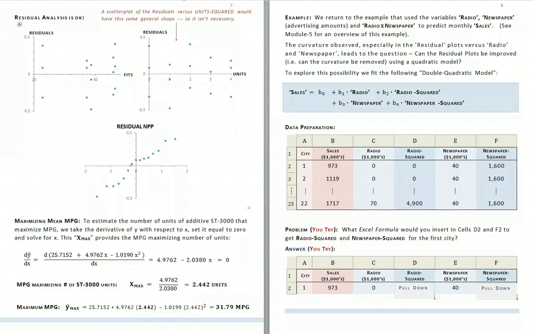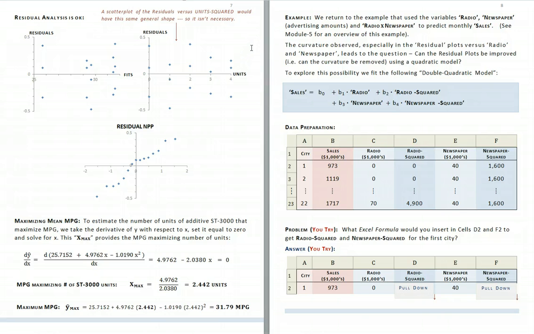Such a plot would show the same vertical pattern of residuals as the scatter plot of the residuals versus the linear term, units. Thus, only a scatter plot of the residuals versus the linear term is required for a residual analysis when a model also contains the square of that linear term.